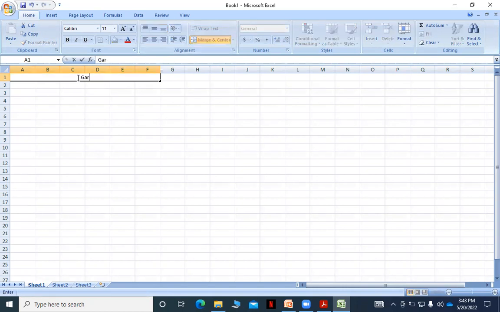So the company name is Garden Depot. দেখা তো যায় নাকি? দেখা যাচ্ছে। And this is the cash budget.